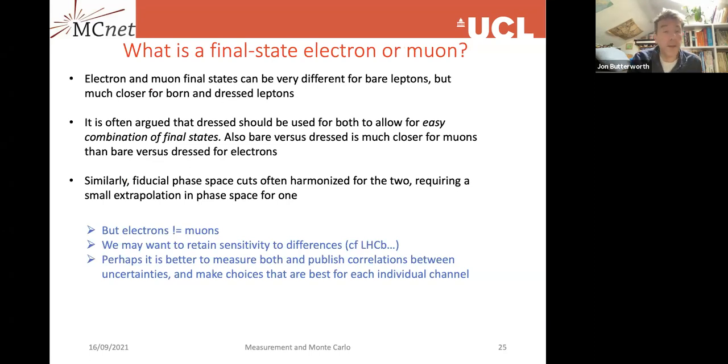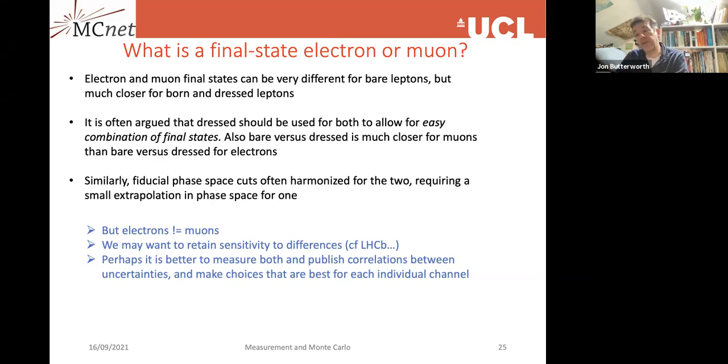So you probably need to speed up a bit, sorry, but there's a whole bunch of discussions around which is the right one to use in which circumstance, and in principle, because final state radiation is different between electrons and muons.